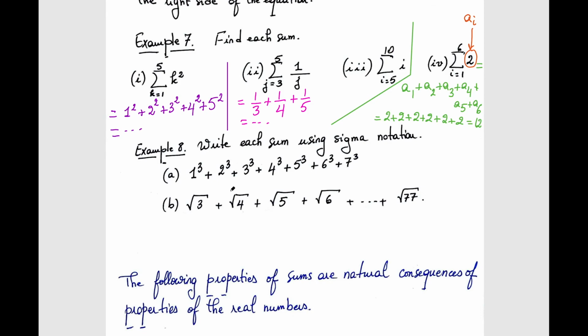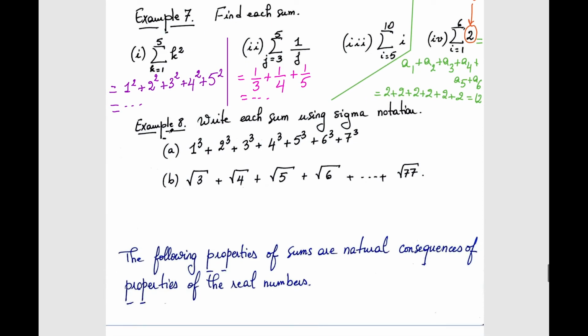Okay. Alright, so example 8. Write each sum using sigma notation. So we're going to take a look at this. So now it's backwards, right? They gave us this writing, and we want to write it in a compact way, using the sigma notation. What's this guy here? Each term looks like something to the power 3, correct?